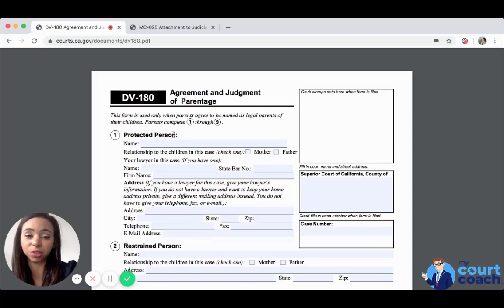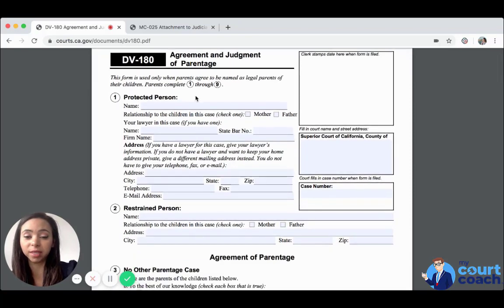And that's especially if you do not have the intentions on filing a paternity action and you only want to just have a restraining order action on file, and then this is the best way to establish that parentage.